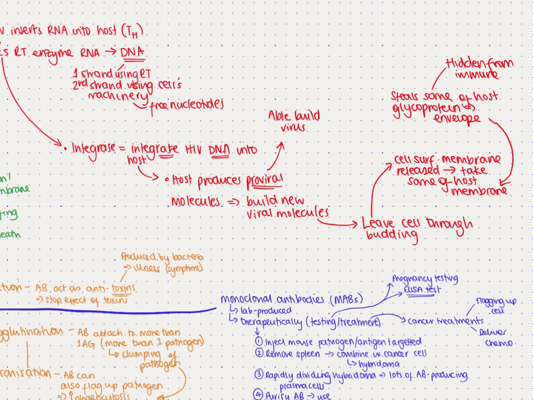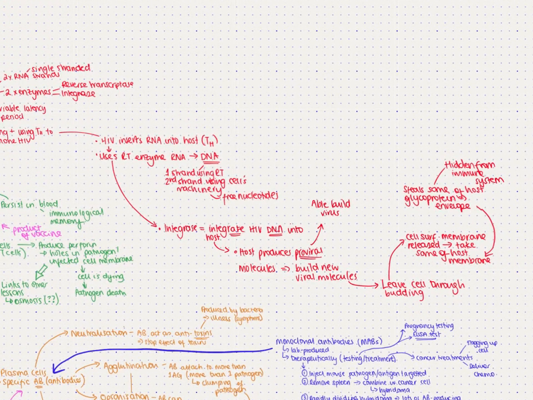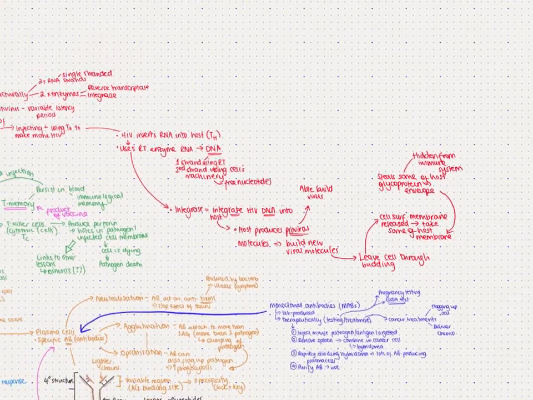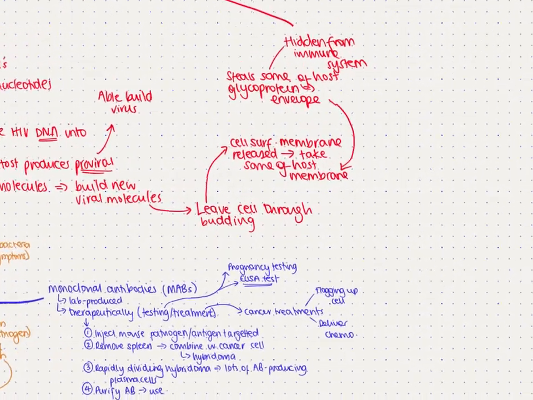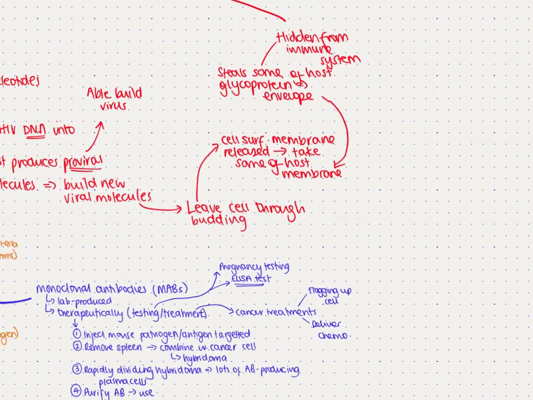And this is why they're able to get away with having such a long latency period. Okay, because we don't know they're there. Remember, they're viruses, so they sit inside the cell, and those, as we've said, are tested for using the ELISA test.